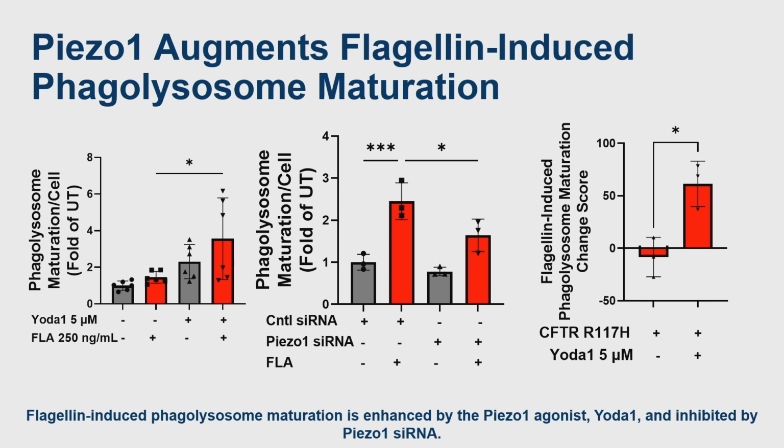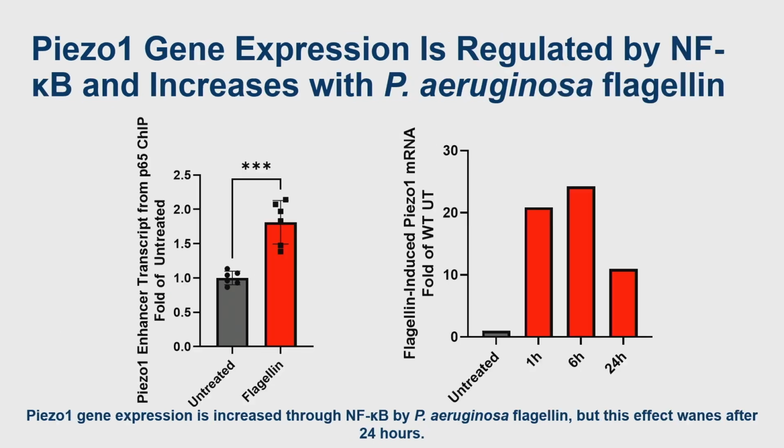So finally, we wanted to see how piezo-1 expression is regulated, because we thought this would be important to cystic fibrosis, where we see more of a chronic lung infection rather than an acute infection. And so since piezo-1 function is increased by flagellin, which activates NF-kappa B through toll-like receptor 5, we did a ChIP qPCR experiment where we pulled down the NF-kappa B transcription factor P65, and we did PCR for a piezo-1 enhancer element.